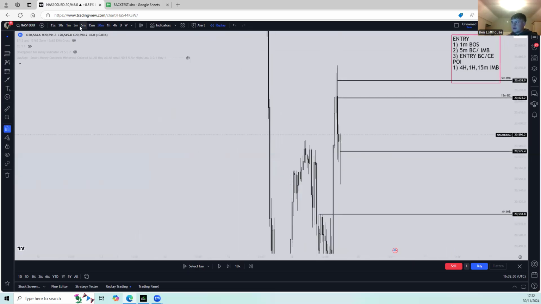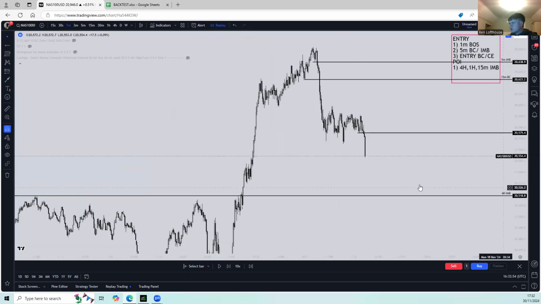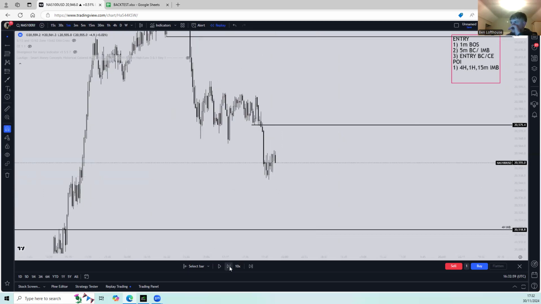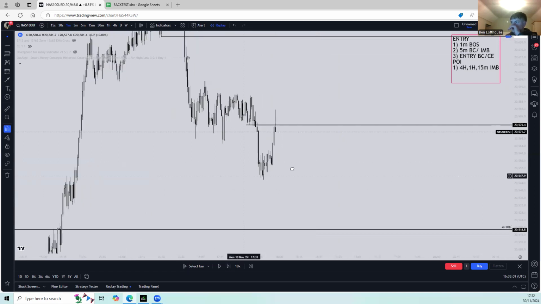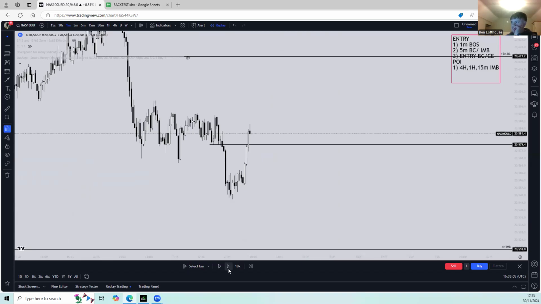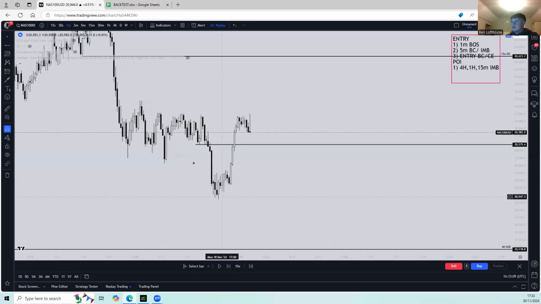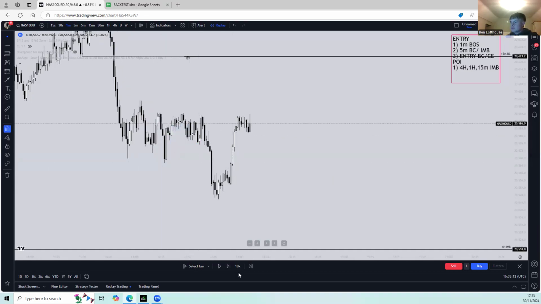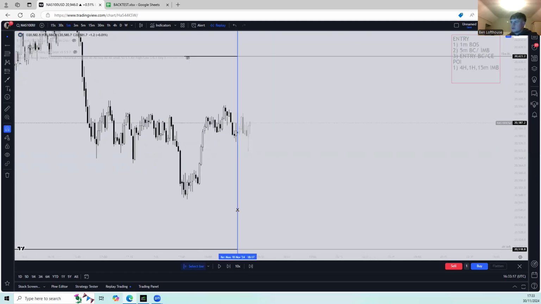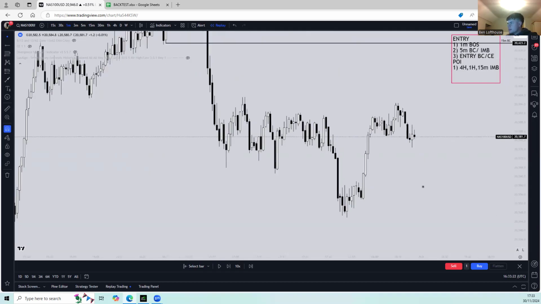Not completely filled IPA, so we'll see. See if we get a chandelier exit. No, I would not be taking that.